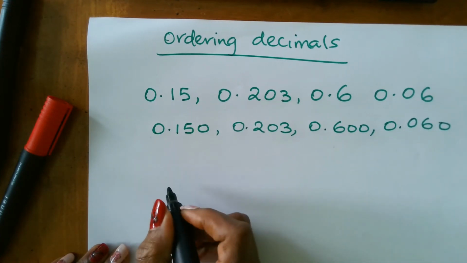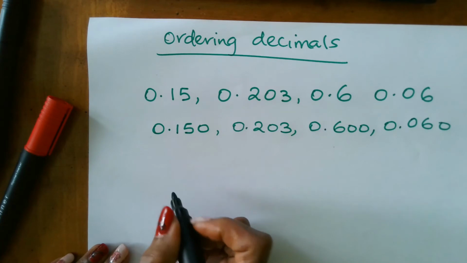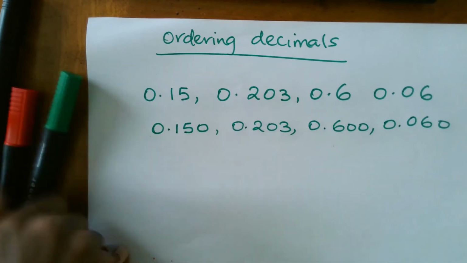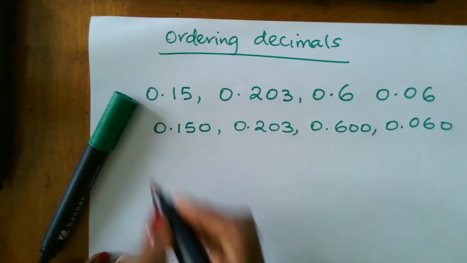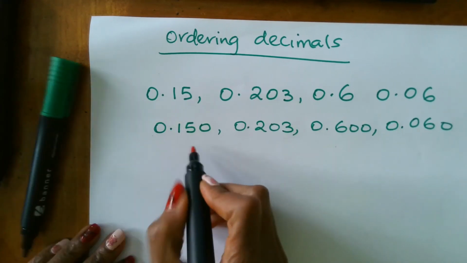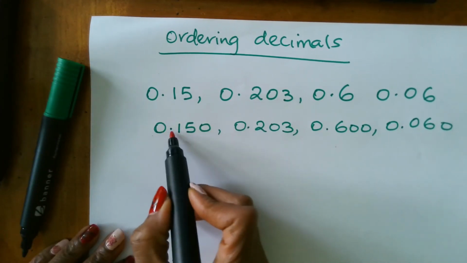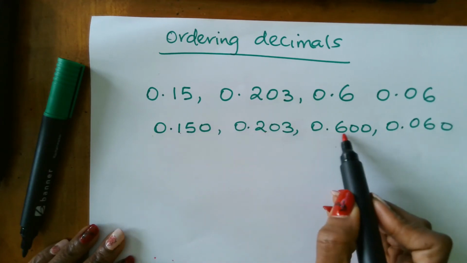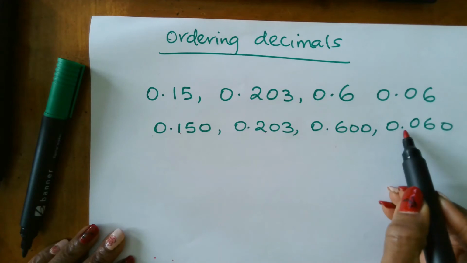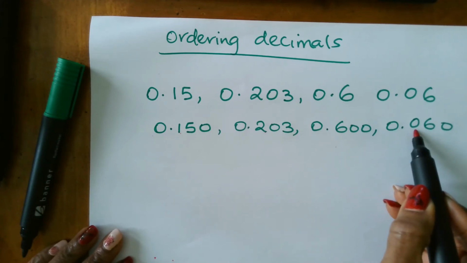Right, now the last step will be to put the numbers in order of size. So if I put the numbers in order of size, I've got 0.1, I've got 0.2, I've got 0.6, and I've got 0.0.